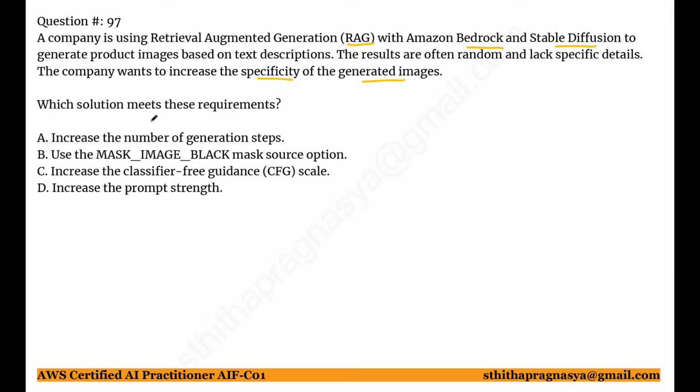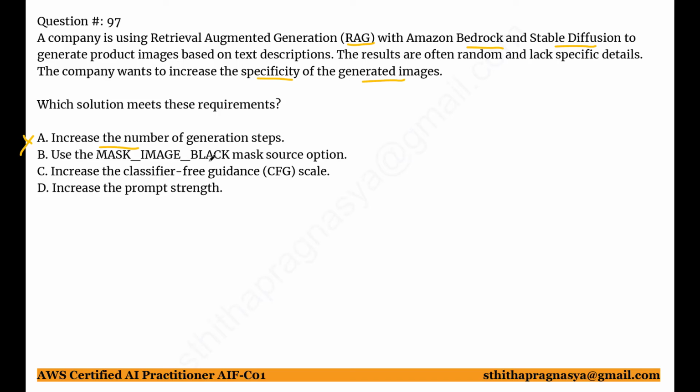Option A, increasing the number of generation steps in Stable Diffusion allows the model more iterations to refine the image. While this can enhance the image quality and detail, it may not directly address issues with specificity, especially if the input prompt or guidance scale is insufficient. So this is not the best solution, as it improves quality but not necessarily specificity.